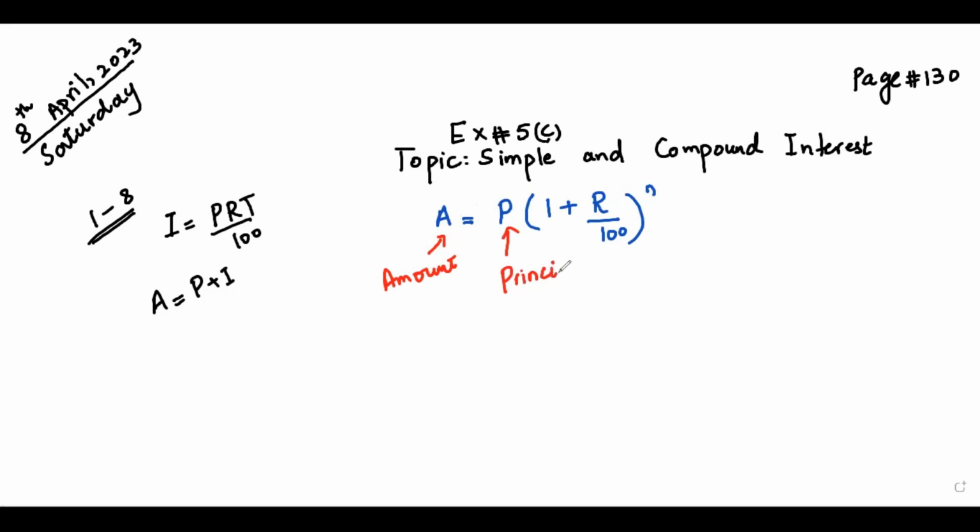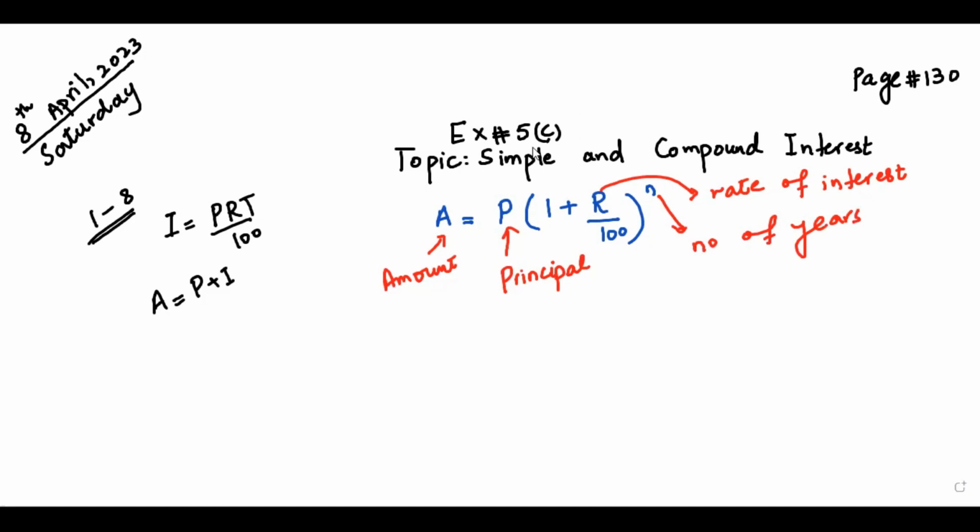Principal is the amount that you are going to borrow from the bank, or you are depositing in the bank. R is the rate of interest, that when you are depositing your money for a specific time period, the bank is giving you some rate of interest. And n is the number of years.